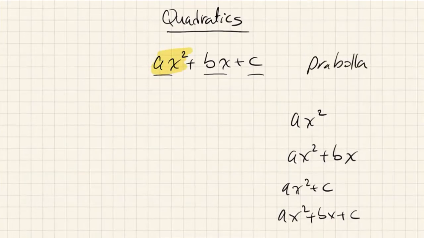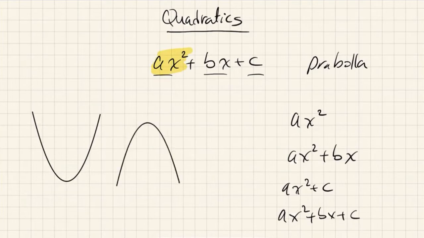Okay, parabola, this is this shape. It can be like this, it can be like this. So this parabola has one condition, and this parabola has one condition. When can I say that my quadratic will be this shape, and when will it be this shape?